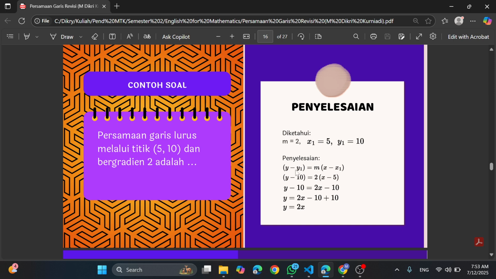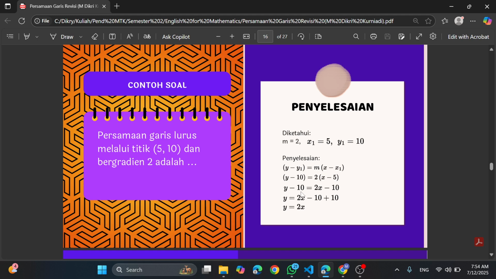The solution: y minus y1 equal m times x minus x1, and we can substitute y1 as 10, m as 2, and x1 as 5. So y minus 10 equal 2 times x minus 5.